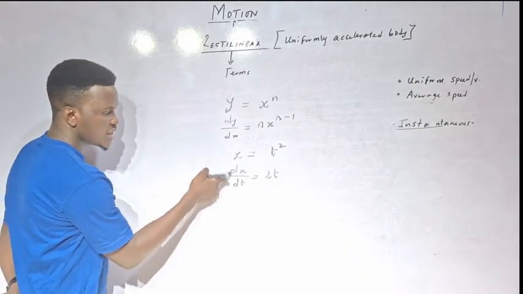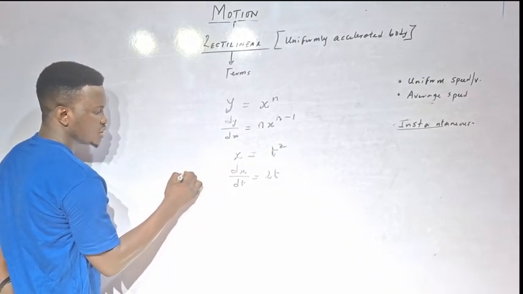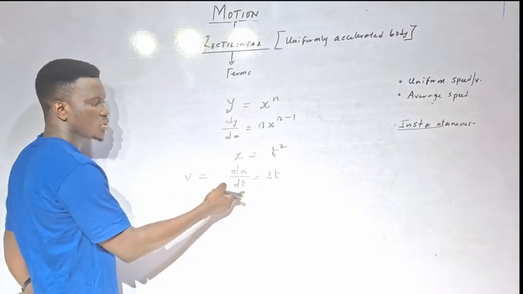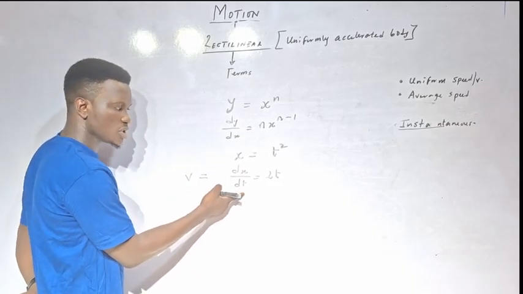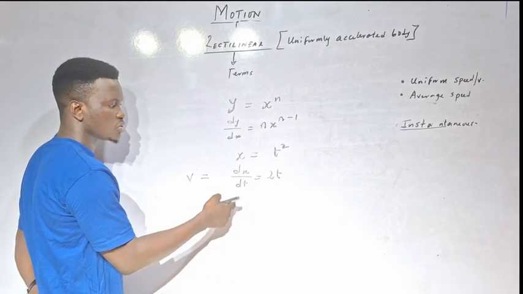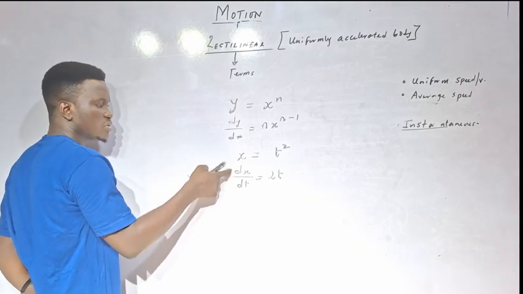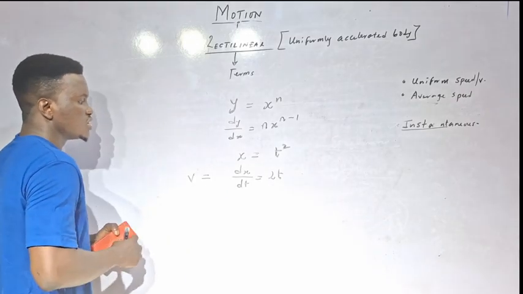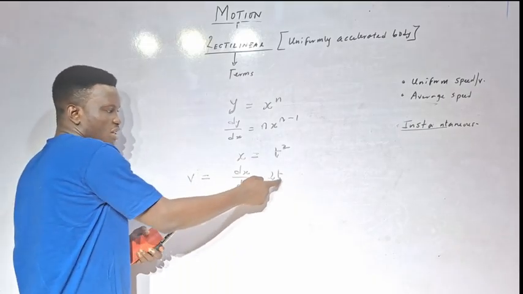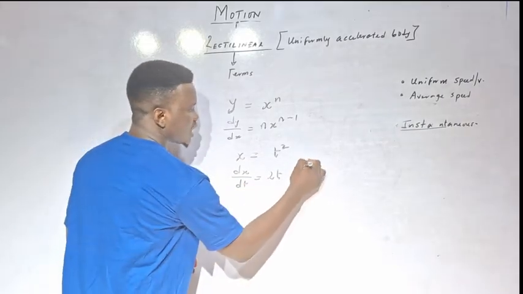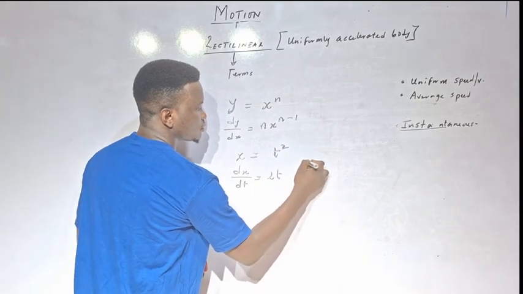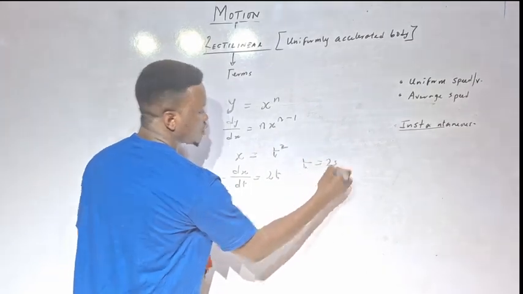So what is dx/dt? You remember speed. Speed is equal to distance over time. Can you see? So if this is distance over time, I now say calculate the speed at a particular time. Then I say take the time to be 2 seconds.